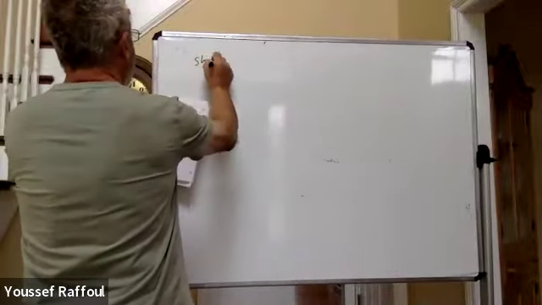For example, u_n of 5 equals 0 for 0 less or equal to n less or equal to 4, and 1 for n bigger or equal to 5.